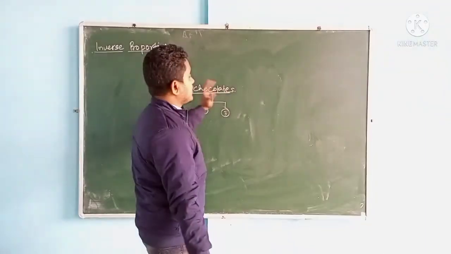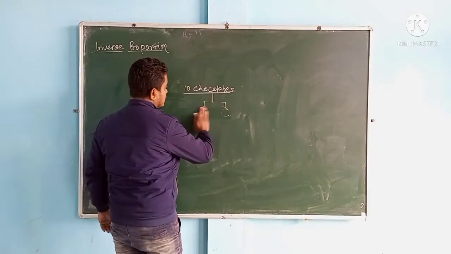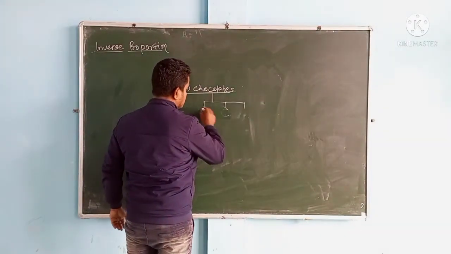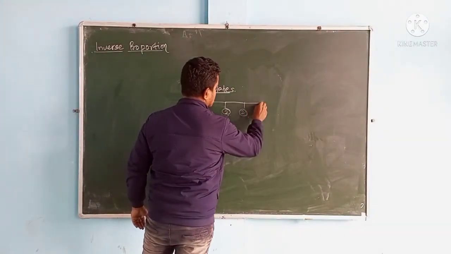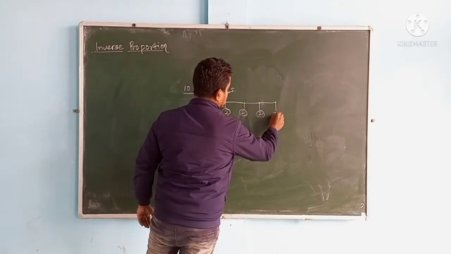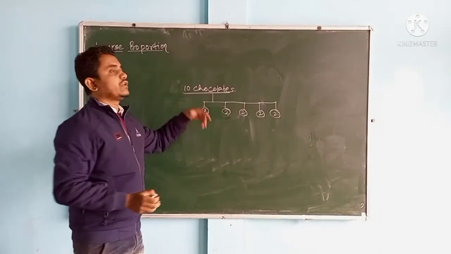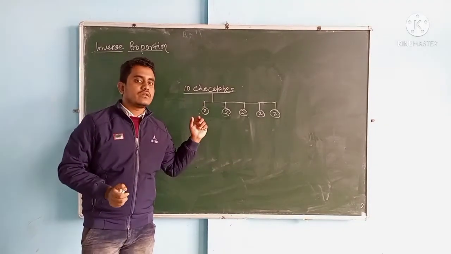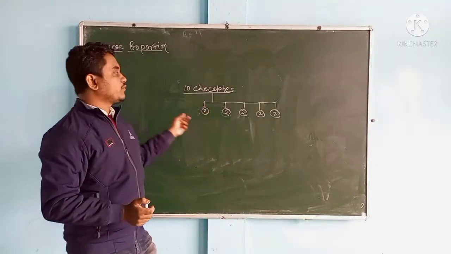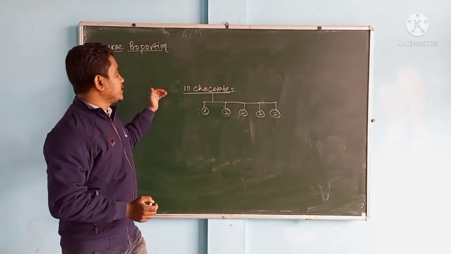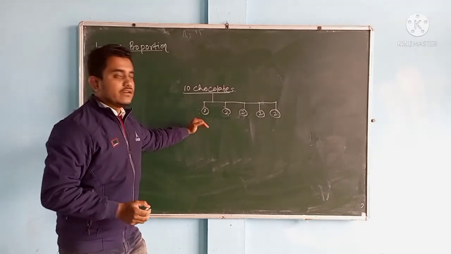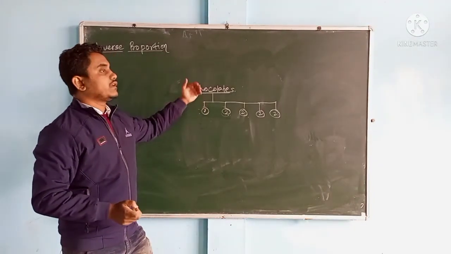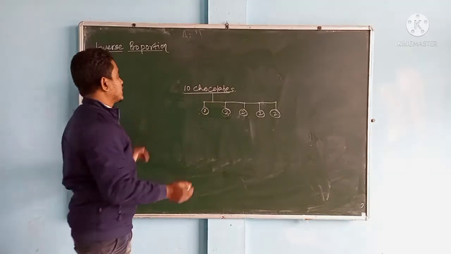If you distribute them among 5 friends, then each one will get 2 chocolates. And if you distribute 10 chocolates among 10 friends, then each of them will get 1 chocolate. See here, as the number of friends increases, the number of chocolates each will get decreases.